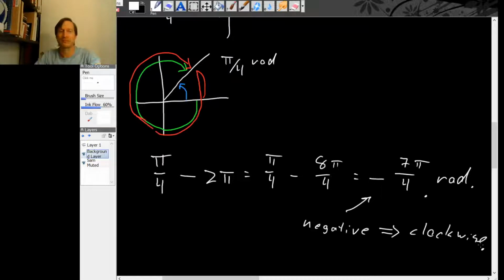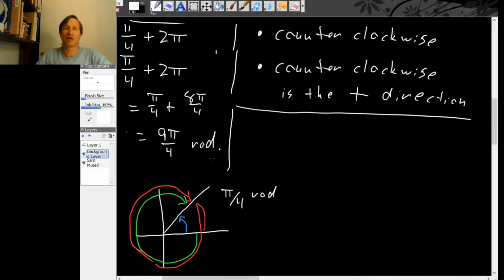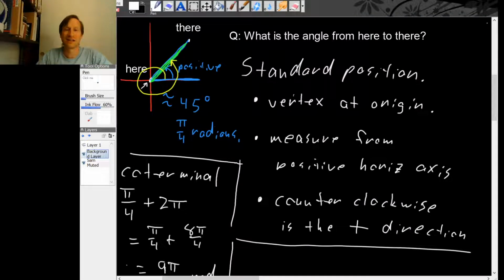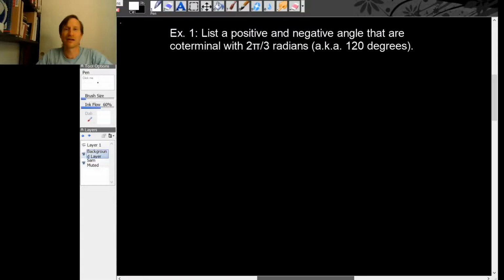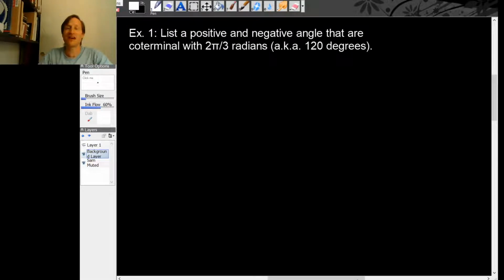Okay. So just like you could go counterclockwise again and again to get more and more coterminal positive angles, you could go clockwise again and again to get lots of coterminal negative angles. All right, for one more example of this, let's list a positive and a negative angle that are coterminal with 2 pi over 3 radians.